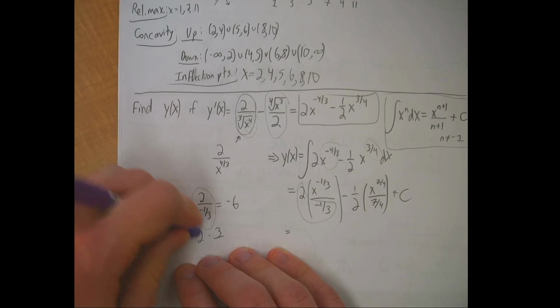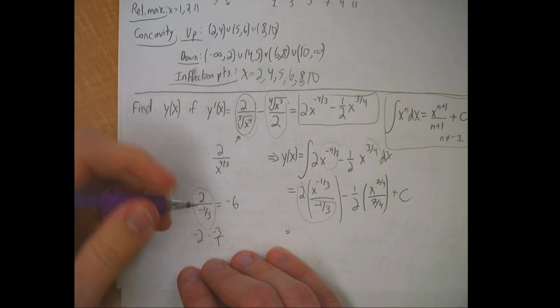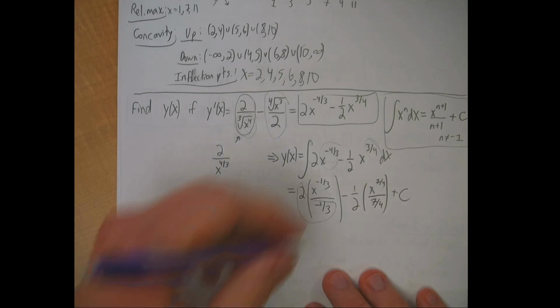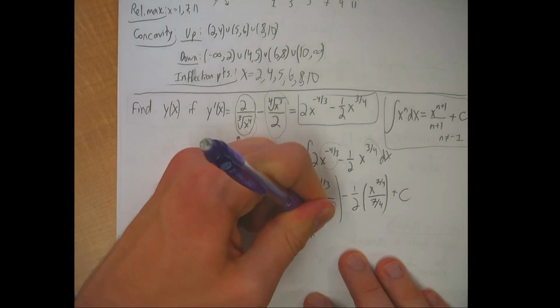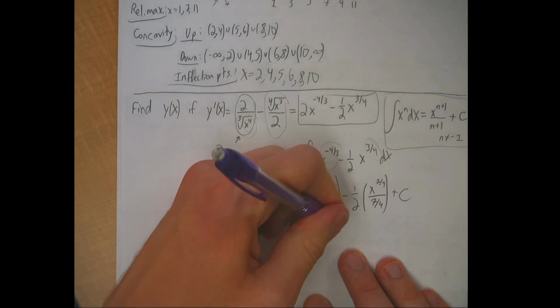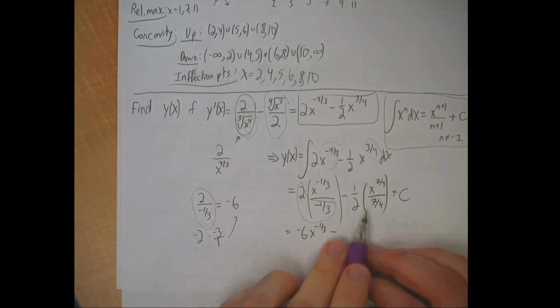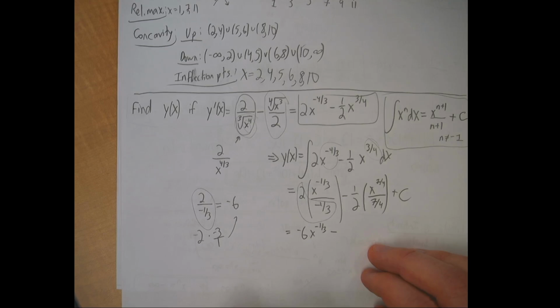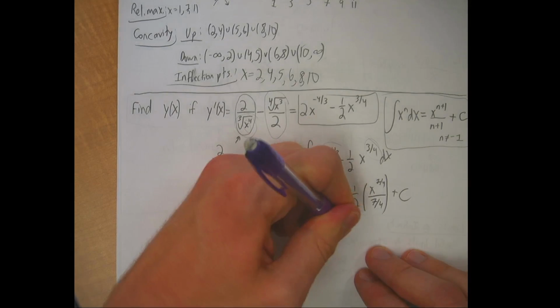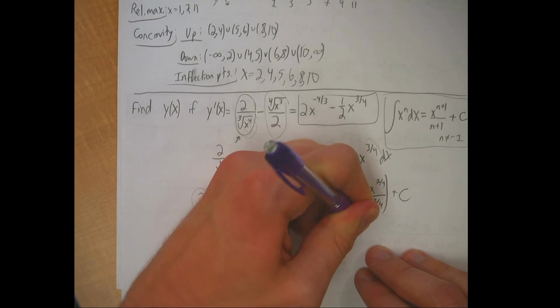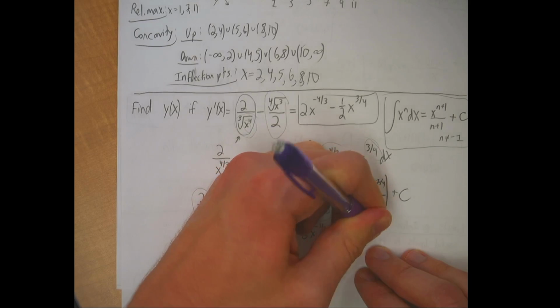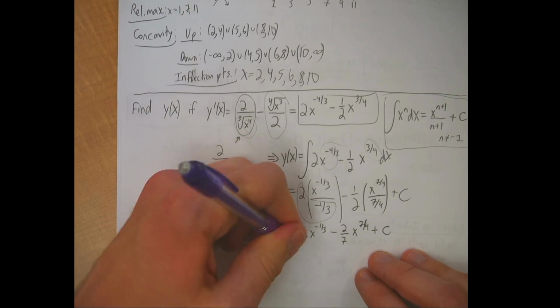So we have 2 times negative 3 over 1, which is just negative 6. So negative 6 times x to the negative 1/3. And then we do a similar thing with this term here to get what as our coefficient? 2/7. Okay. And then times x to the 7/4 plus c. Okay?